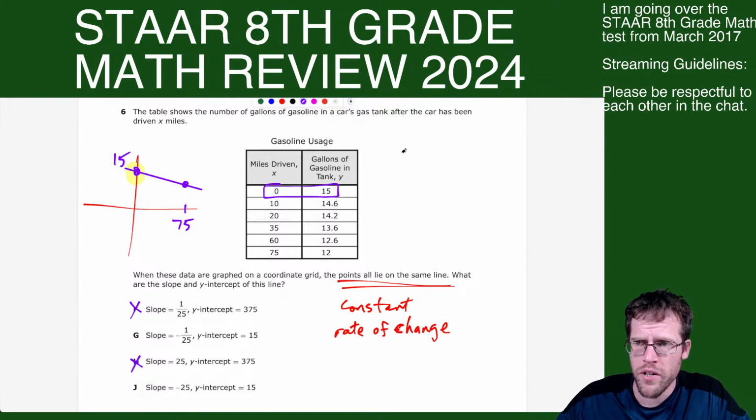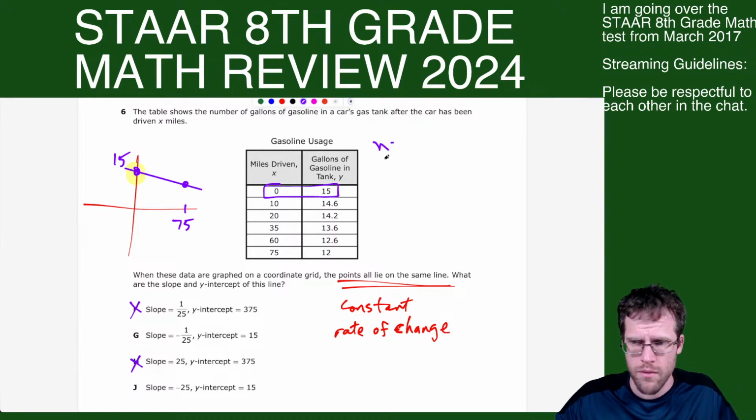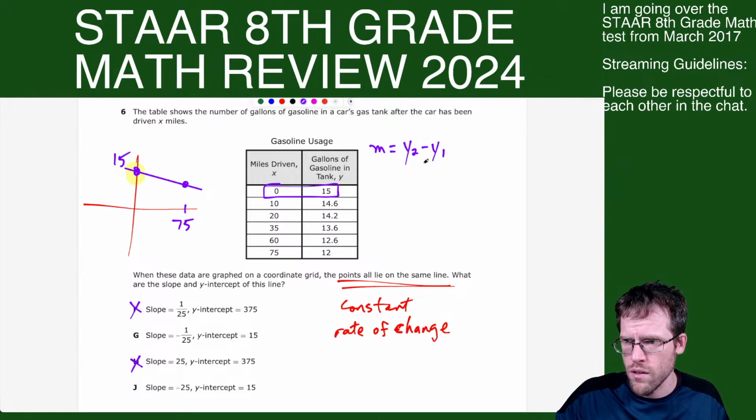And from this step, now we just have to find the slope. So for the slope, we could use the formula y2 minus y1 over x2 minus x1. And from here, I am using these 2 points. So I could call this point my (x1, y1) and I'll call this point my (x2, y2).